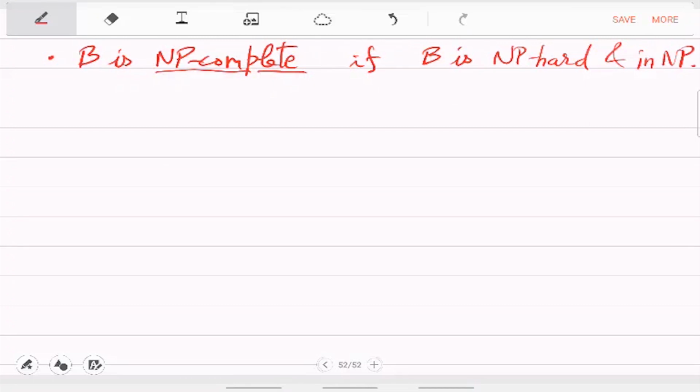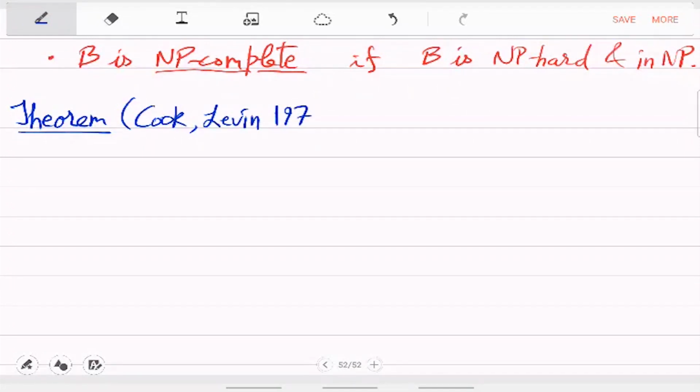Okay, so it's both NP hard and in NP, then you call it NP complete. So the problem is complete for NP. And we can again rephrase what we have just proved as the following theorem, due to Cook and Levin, that 3 SAT is NP complete.